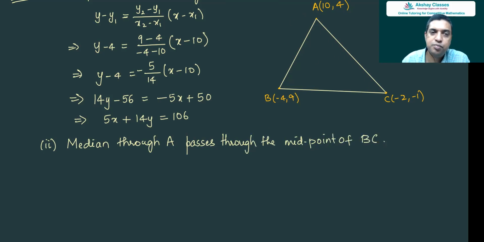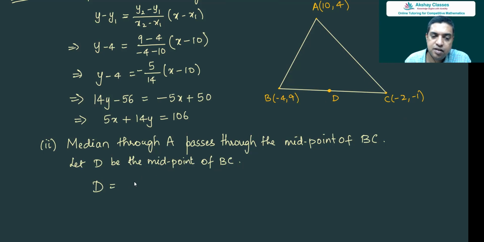So let this midpoint of BC be D. Let D be the midpoint of BC. So what are the coordinates of D?